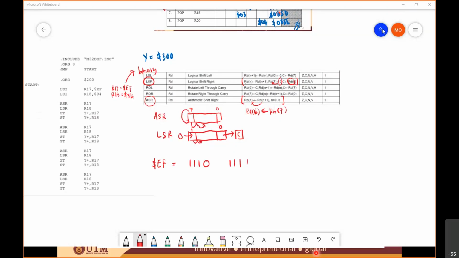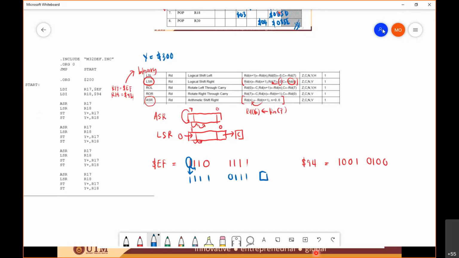And then for R18, which is 94, convert to binary, you will get 1001, and then 4 is 0100. And then do the ASR for R17. So this is R17, you do the ASR instruction. This bit is copied back and the rest will shift to the right by 1 bit. So 1 1 1 1 0 1 1 1.